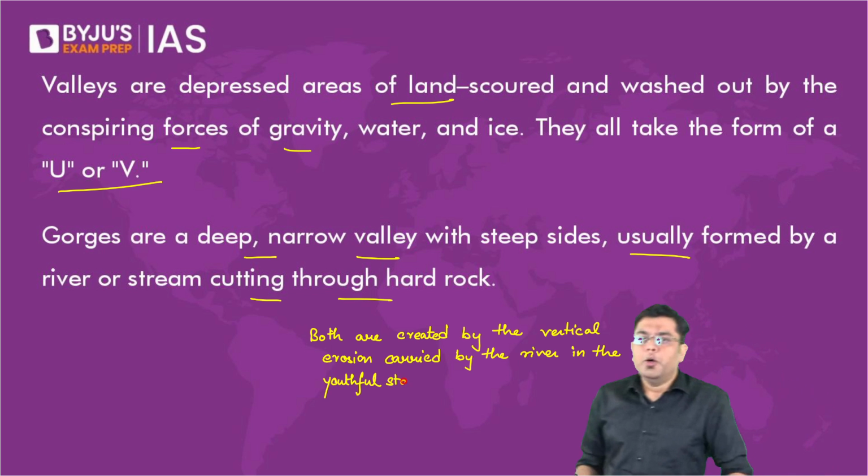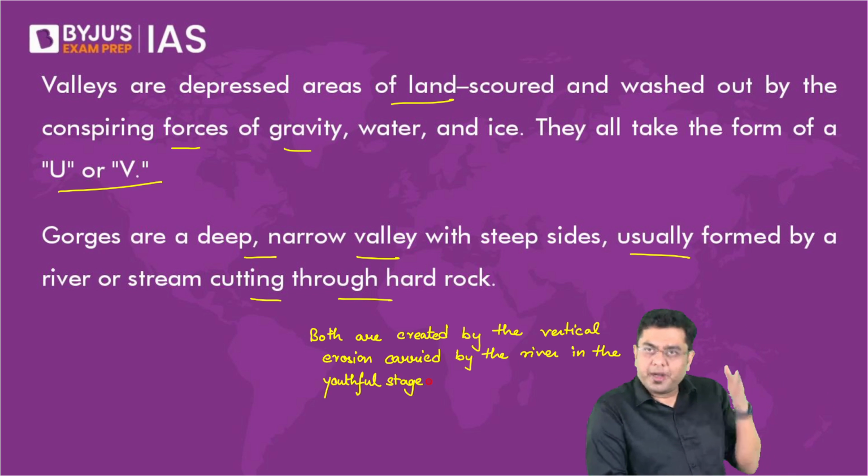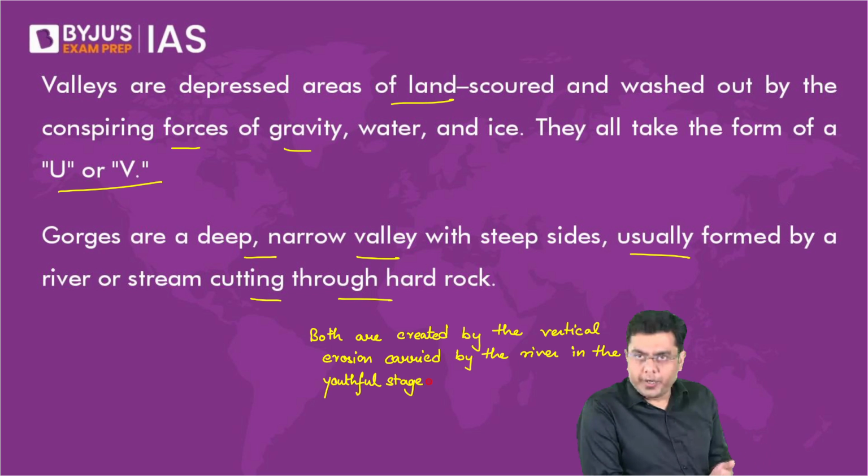Okay. Both are created by the vertical down cutting and the vertical erosion. But then their shape is different. So valleys are much broader. The slope is significantly having a gradual slope. It is not very steep. Whereas in a kind of a gorge, the walls are almost vertical.